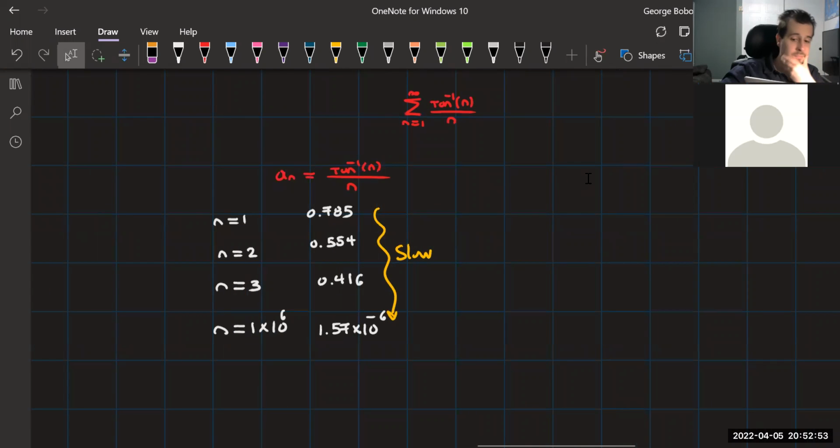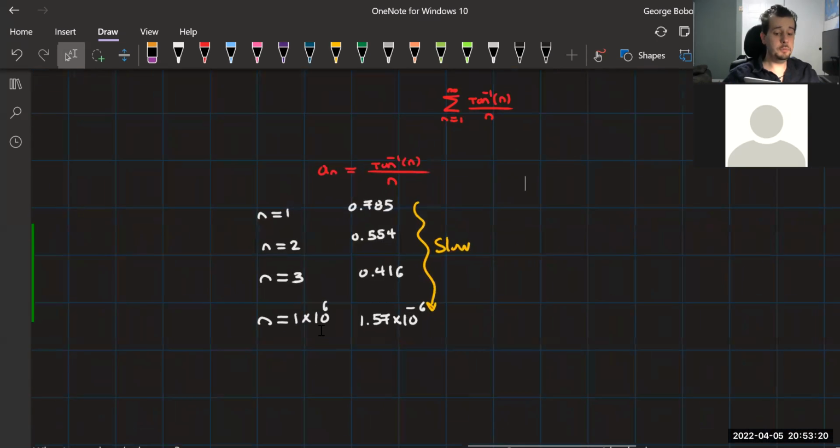Here's the thing. We don't know. And I love this example because I want to show you what happens when you're not sure. It could both diverge and converge. So I have to make a choice of what I'm going to set myself to prove. Just like in linear algebra, you set yourself to prove something, and if it fails, you try to prove the opposite.